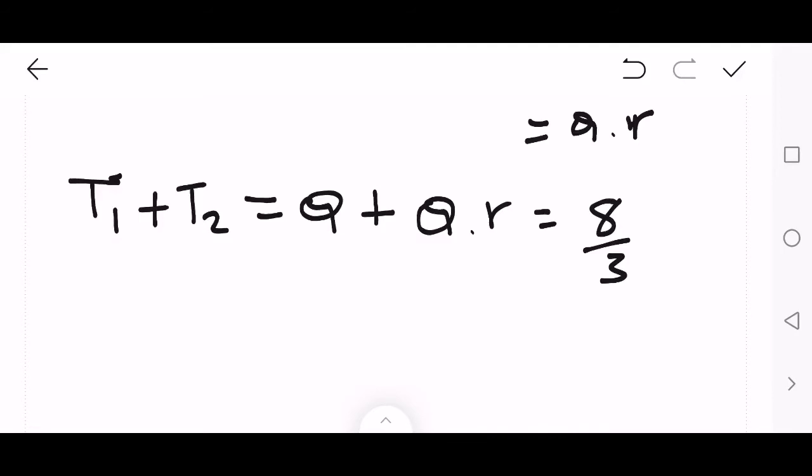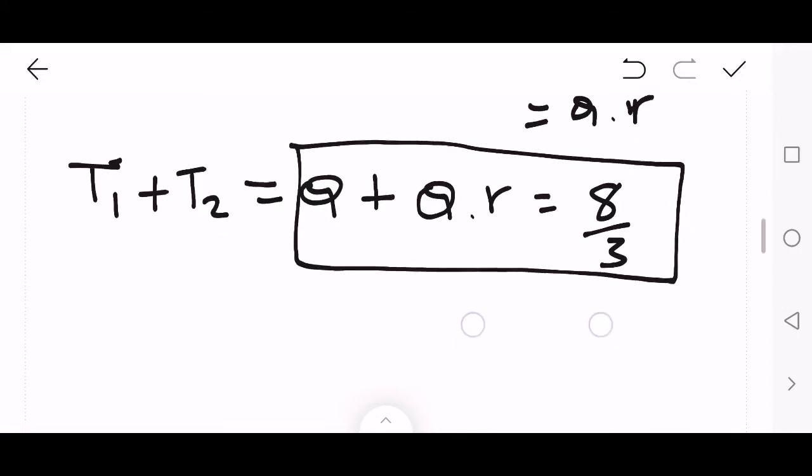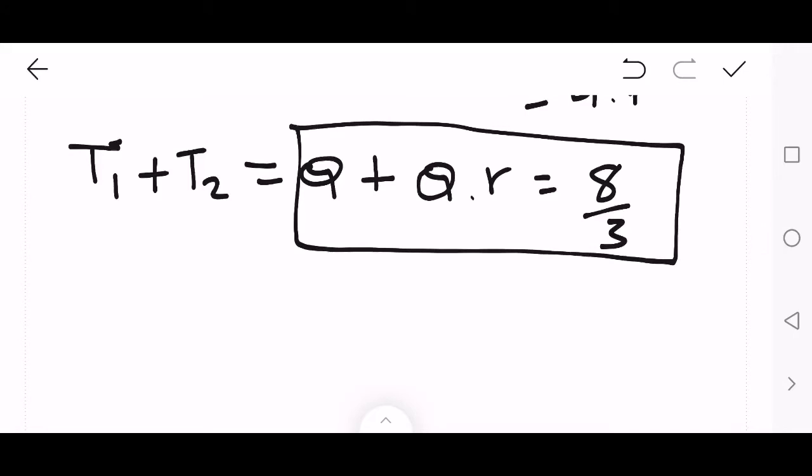So we can take this equation here and solve for a. So if we solve for a, we will have a into, and we'll factor a from this expression here.